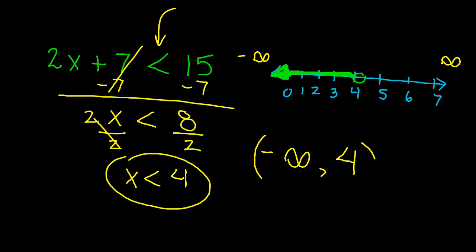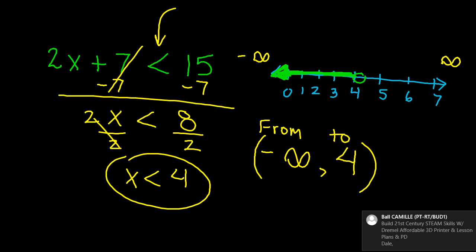And I'm not including the number 4 because I don't get to color in that number 4. So I'm going to use that parentheses symbol. And you're going to see in a moment that there's a different symbol we use if we're including the number 4. We're not including it here, though, so we're going to use a parentheses symbol. So this reads we're going from negative infinity to 4, and that's the area that's colored in here.